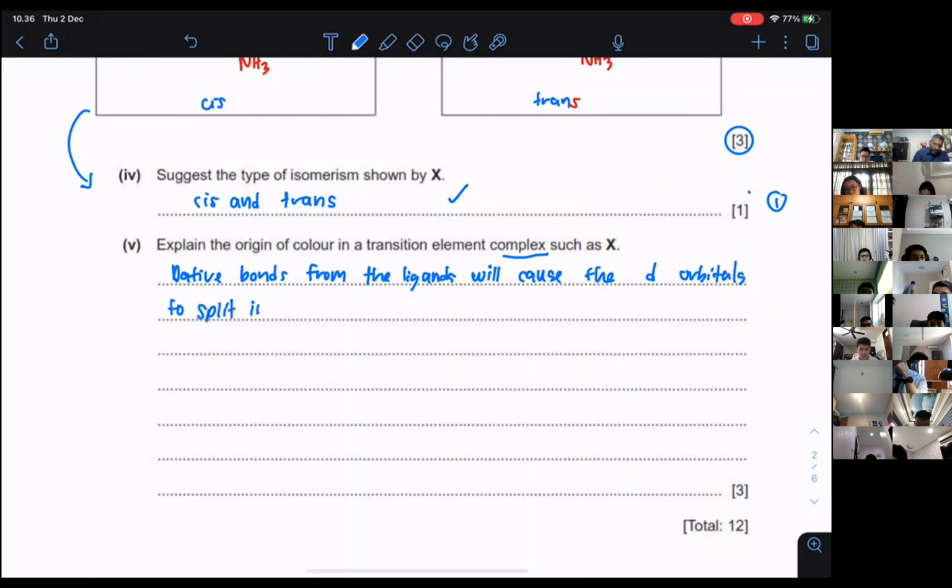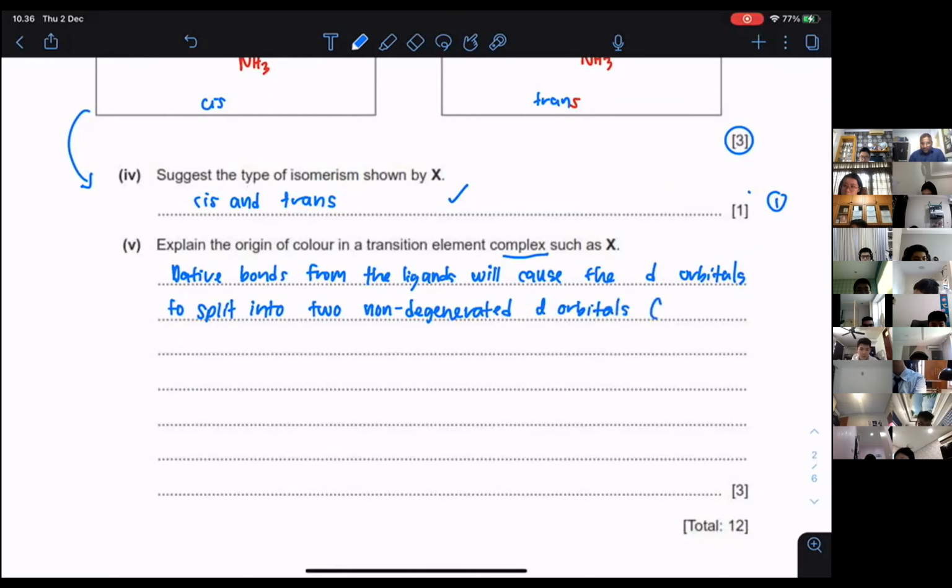This one, please use the recent syllabus, don't use the answer scheme given. They will split into two non-degenerate d orbitals. If you want, put a bracket.